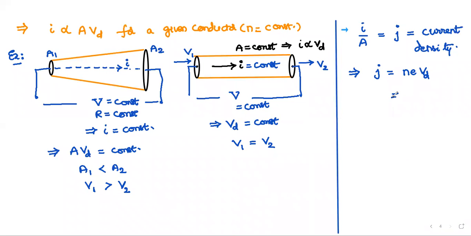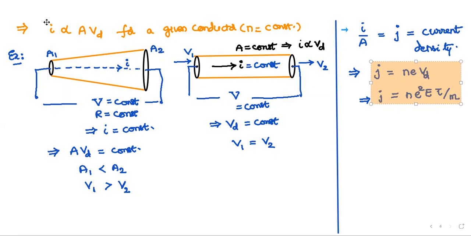That is equals to ne squared tau divided by m, into E. This is J. Here, for our sake, we are taking a new physical quantity, current density, to avoid the area of cross section.